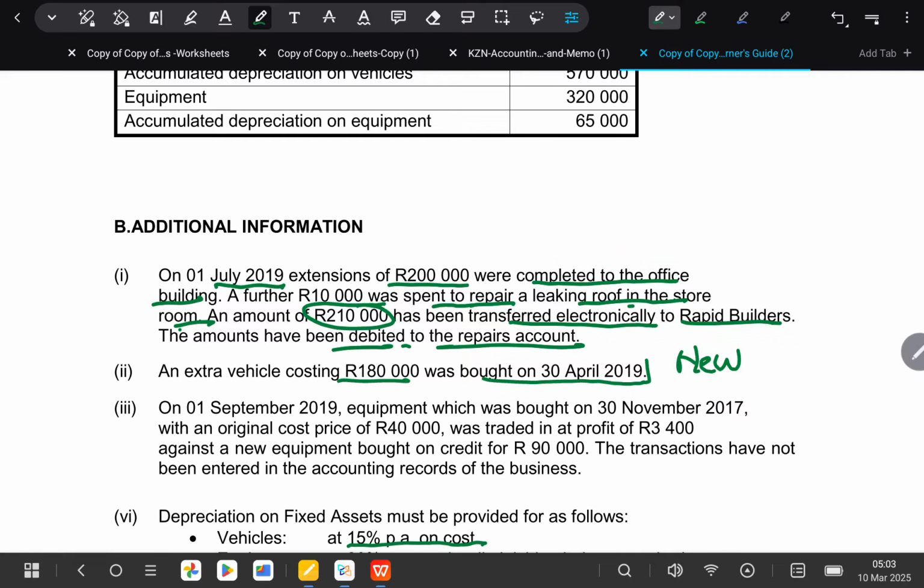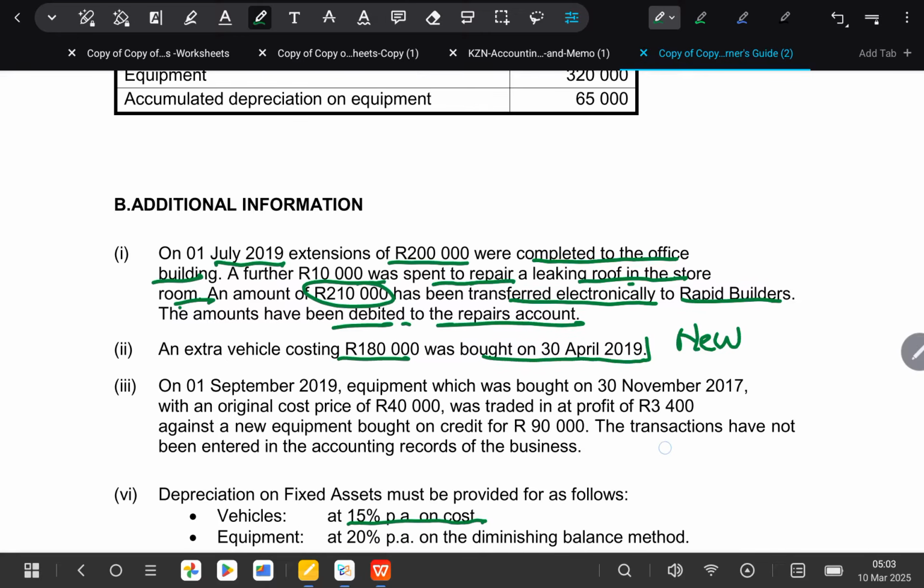Next, they are also telling us about equipment that was sold. On 1 September 2019, equipment which was bought on 30 November 2017 with an original cost price of 40,000 was traded in at a profit of 3.4 against the new equipment bought on credit for 90,000. The transaction has not been entered in the accounting records of the business.